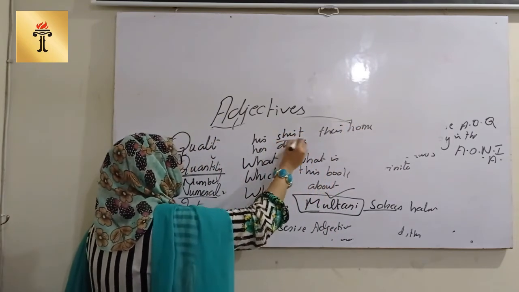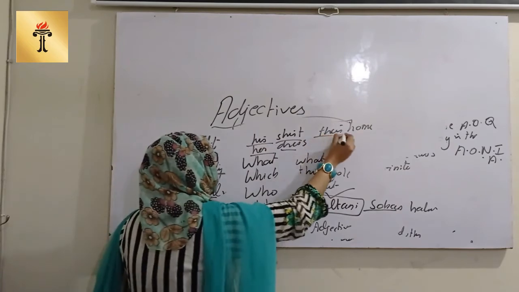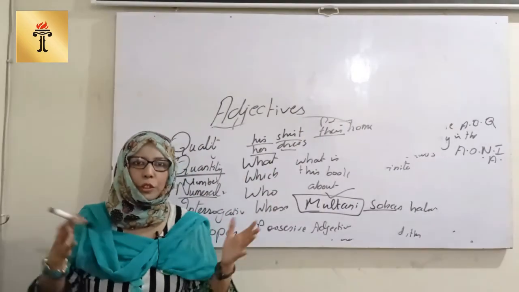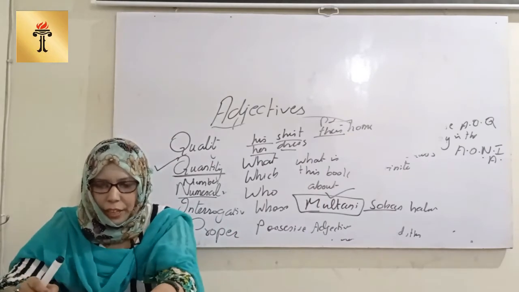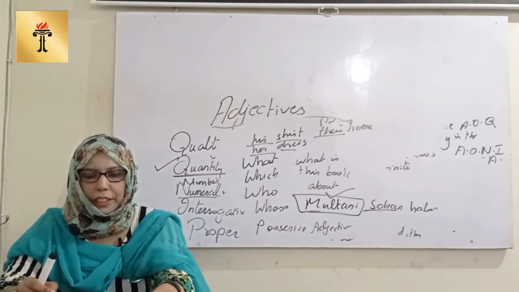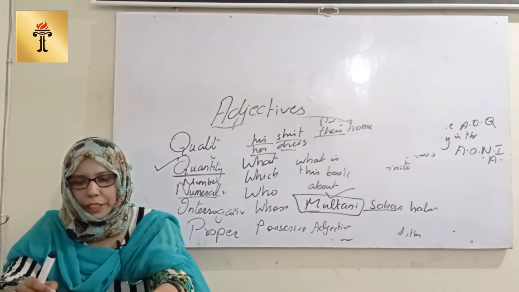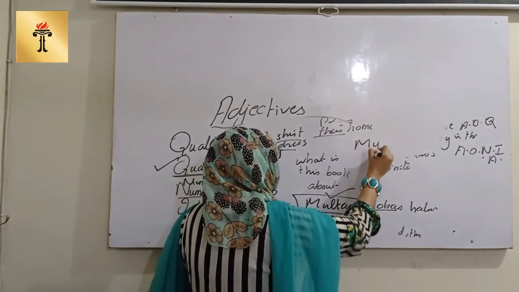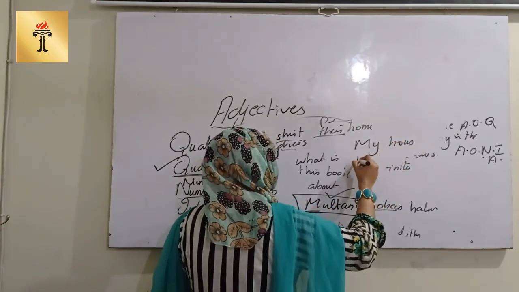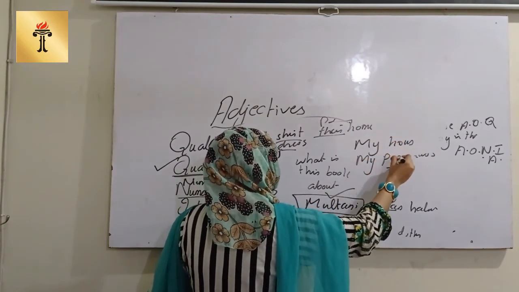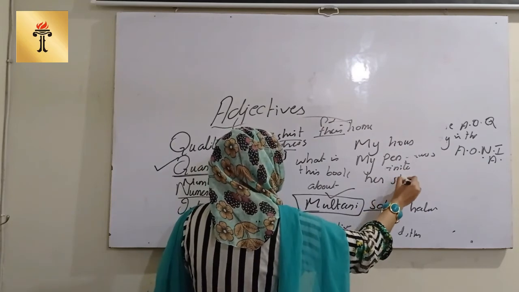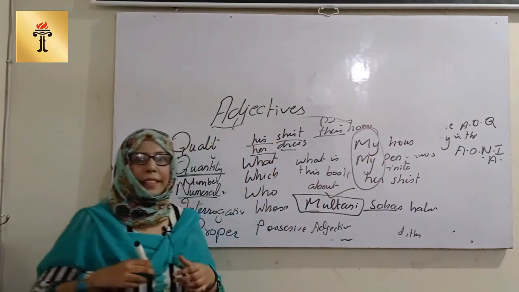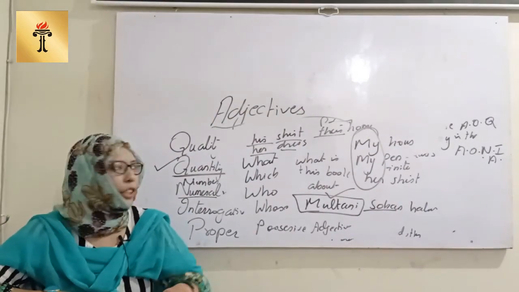So home is the noun and these words were pronouns, and these were associated with a noun to show their possession as well. So these are the adjectives which are used with nouns to show the possession of something. If I say this is my house, my pen, her shirt, now all these words will be adjectives as well because they are showing the possession of some nouns.